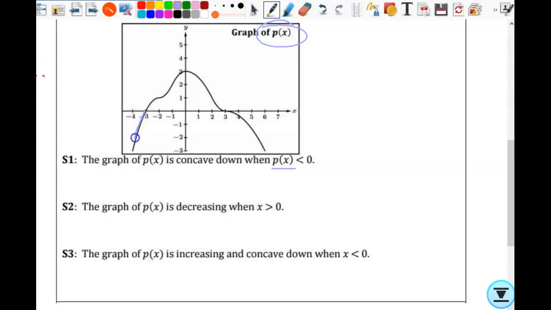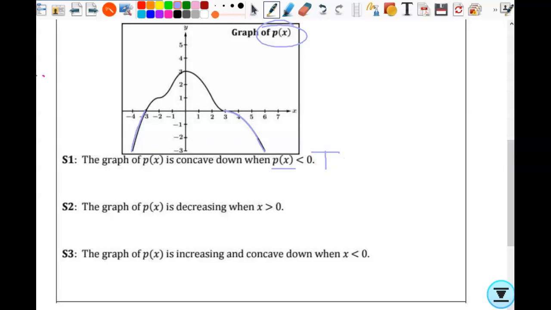So this is less than 0 here and here. If we don't know what it means, we can't answer the question, right? Is it concave down there? Yes, that is true, because it's concave down here, because my slopes are decreasing the whole time. True.